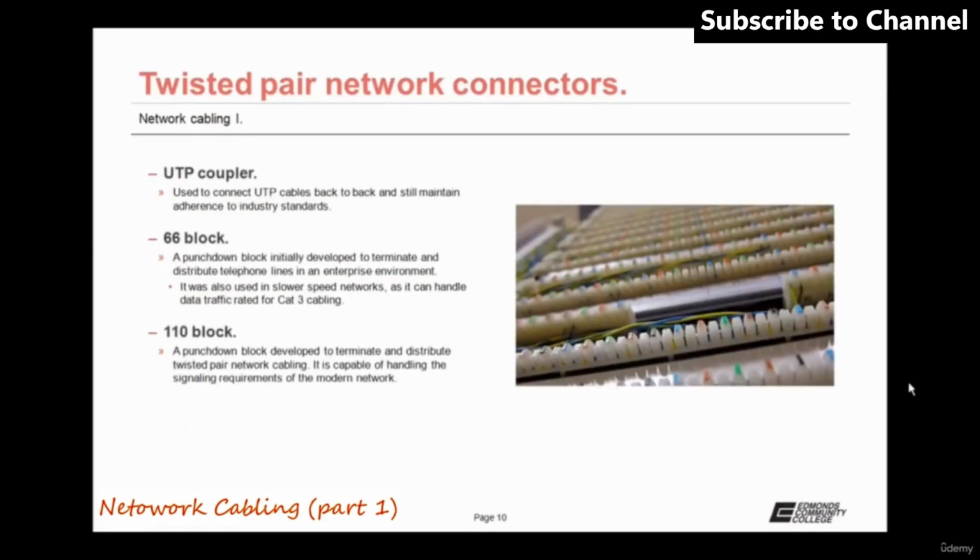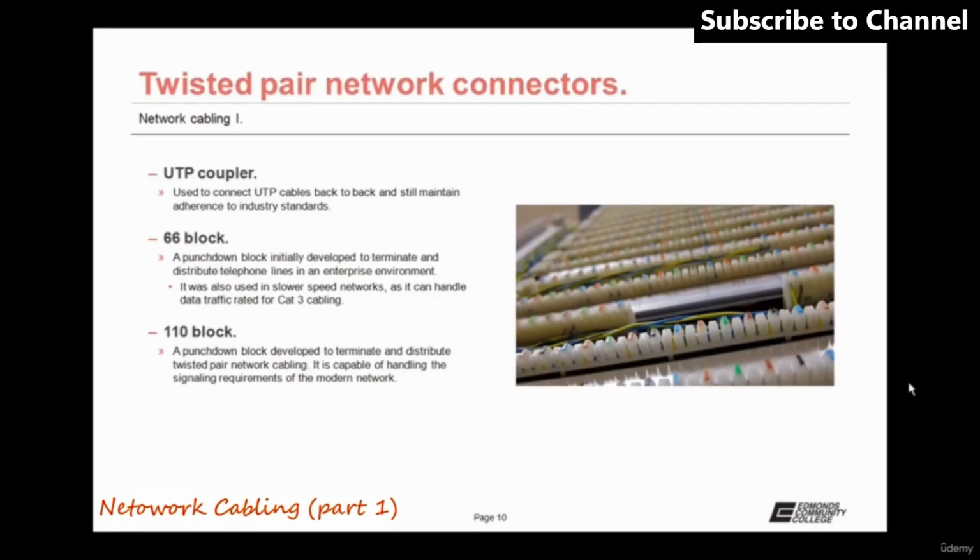Then we have the UTP coupler, the unshielded twisted pair coupler. It's used to connect UTP cables back to back and still maintain adherence to industry standards. You might still come across a 66 block being used for network connections, but probably not. It's a punch-down block that was initially developed to terminate and distribute telephone lines in an enterprise network.